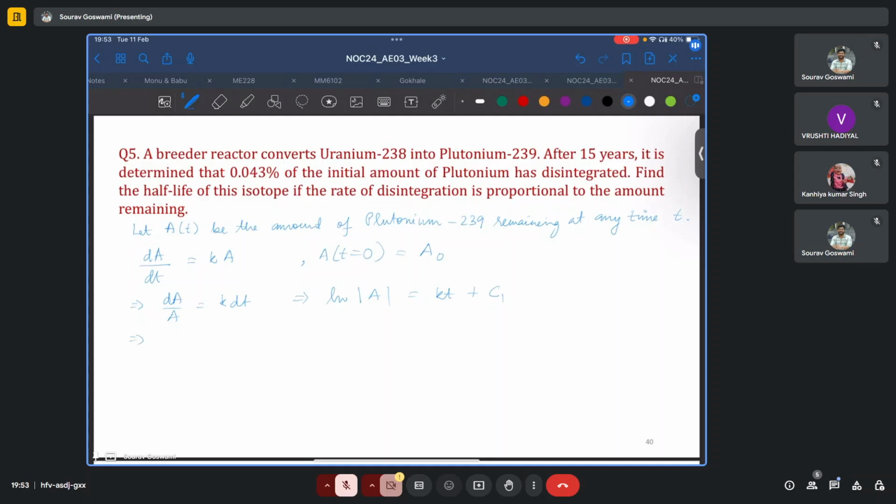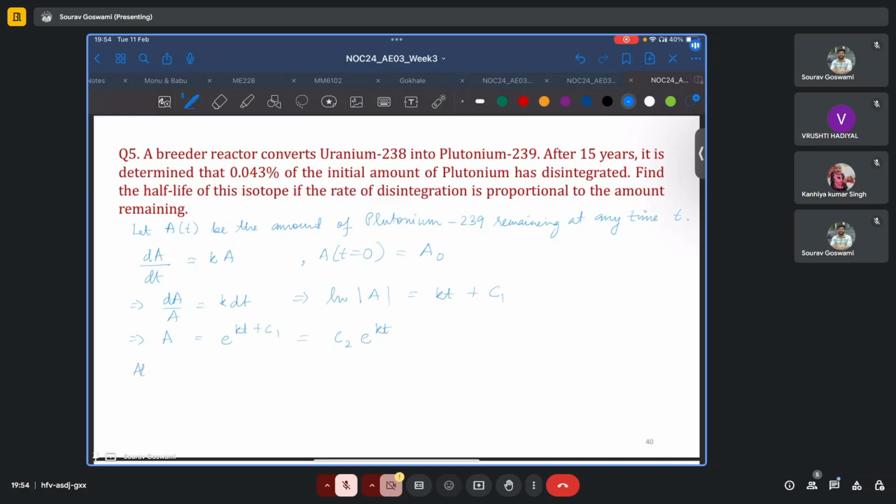If we raise both the LHS and RHS as exponents of e, then LHS simply becomes A, RHS becomes e power kt plus C1, which is equal to some C2 times e power kt.